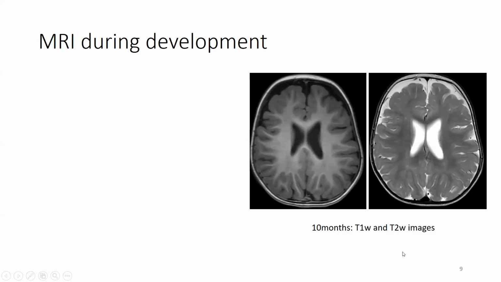But first, I have here pictures of a child, a very young child still, 10 months old. And what kind of image is this one? Does somebody know that? T1. It's a T1 weighted image, and how do you see that?